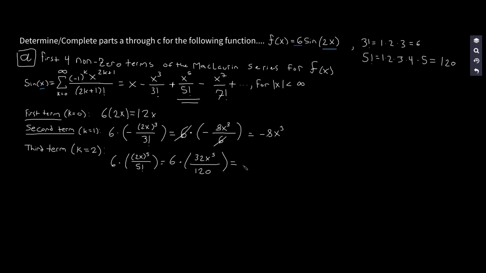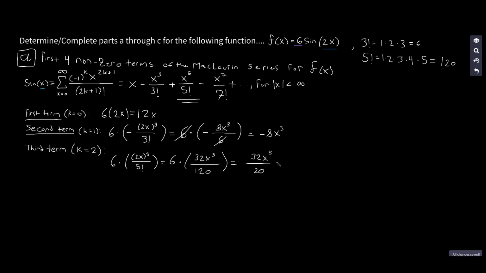So 6 divided by 120. 120 divided by 6. 6 times 20 is 120. So these are going to cancel, but not all the way. 120 divided by 6, let's see, 2, 4, 6, 8, 10, 12, yeah. So we can simplify this to 32 times x raised to the 5th over 20.